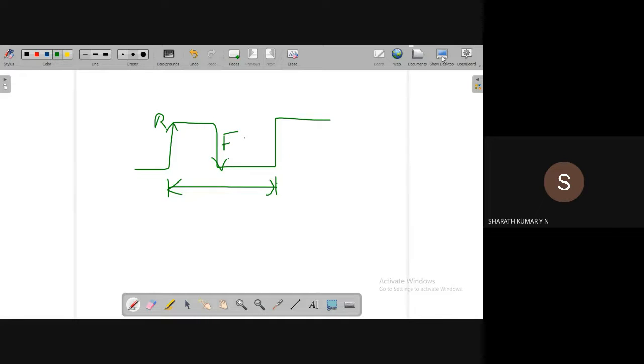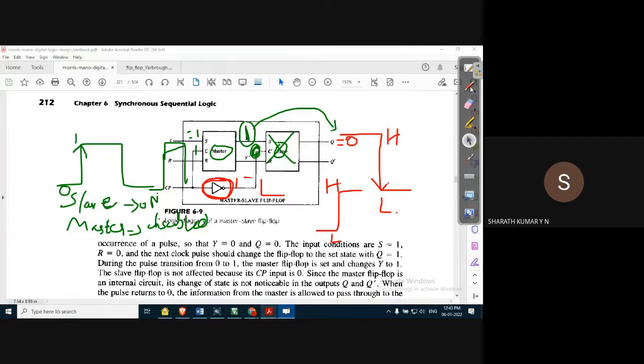So what is happening in this case is: rising edge, slave is on, master is off. Falling edge, when the clock pulse goes from 1 to 0, the slave flip flop will be disabled, whereas the master will be enabled.